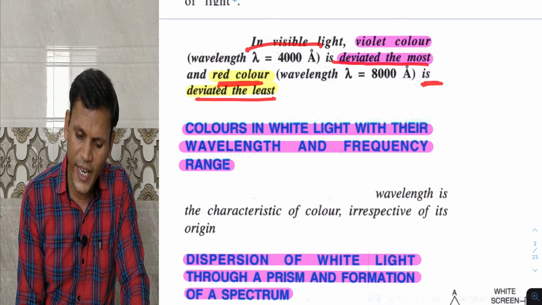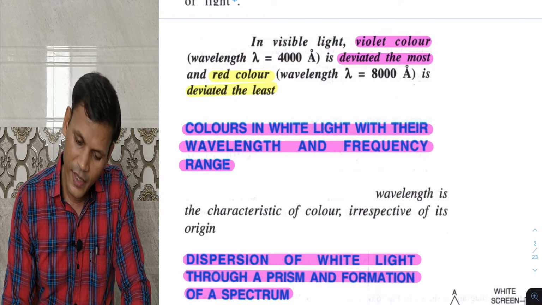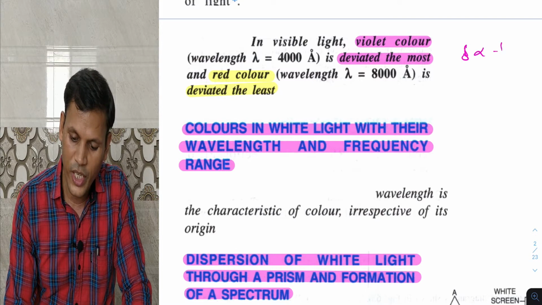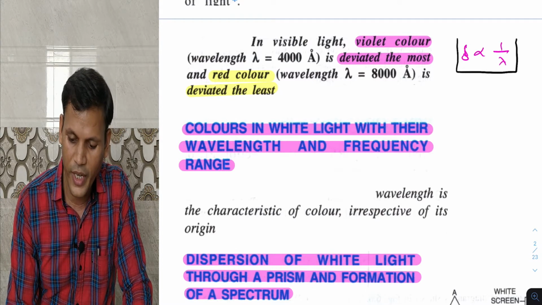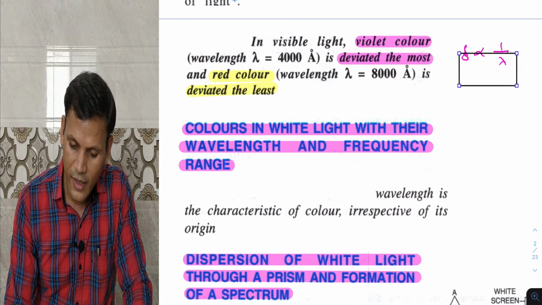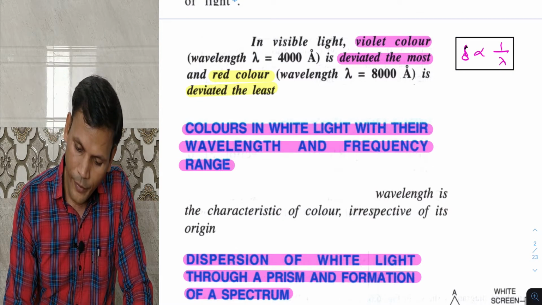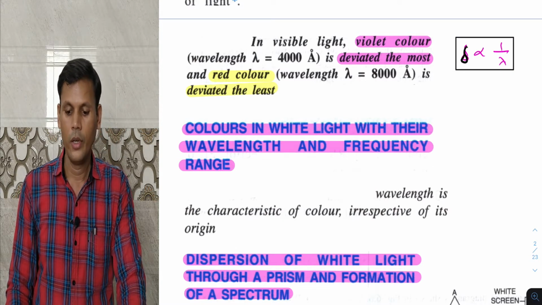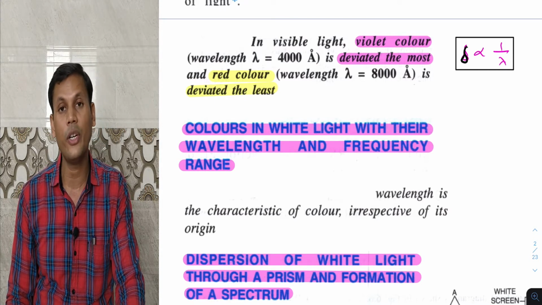As we can say, deviation we are talking, again I will write that part. Delta, angle of deviation, is inversely proportional to wavelength. So what we can conclude from here, as wavelength increases, so angle of deviation decreases because they are inversely proportional to each other.